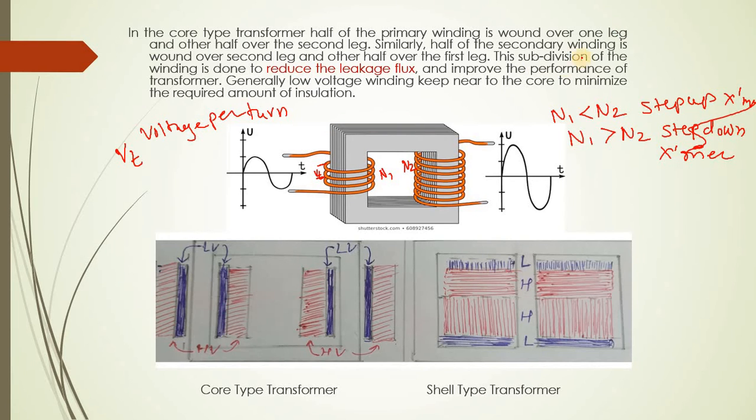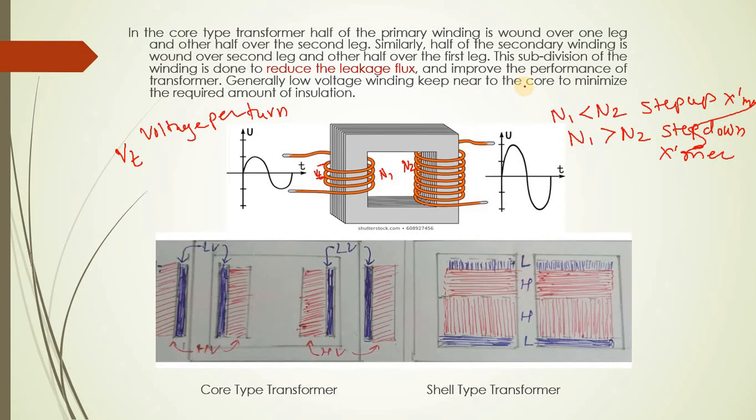This is done to reduce the leakage flux. Leakage flux, which is in the air, is called leakage flux, and whatever flux is flowing through the core, or iron part, is called useful flux. So to reduce the leakage flux, these two windings are located on the same limb, and this improves the performance of the transformer.